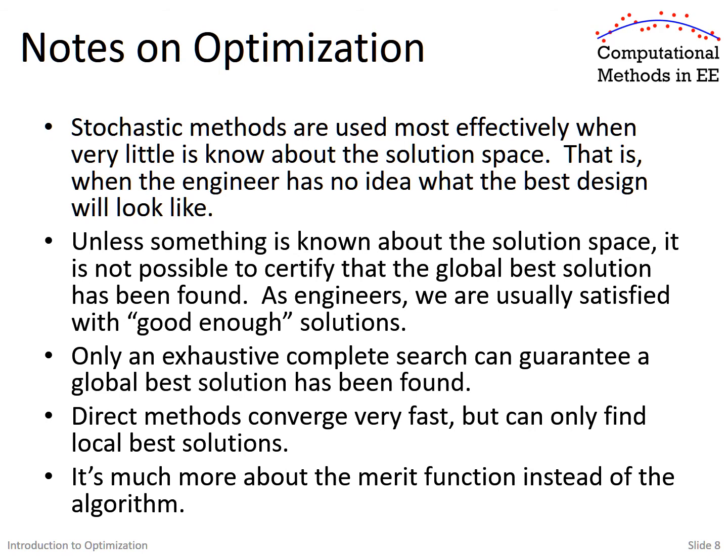And as you start to get some designs and you can start seeding your optimizations with designs that are relatively close, you can start tightening up that merit function, make it more picky and punish and reward your optimizations in more different ways. So the best optimizations seem to have a merit function that evolves. And in my opinion, that is worthy of much more conversation than the actual optimization algorithm itself.